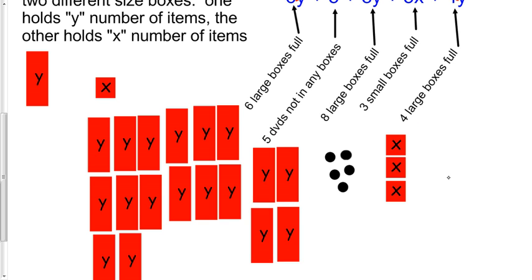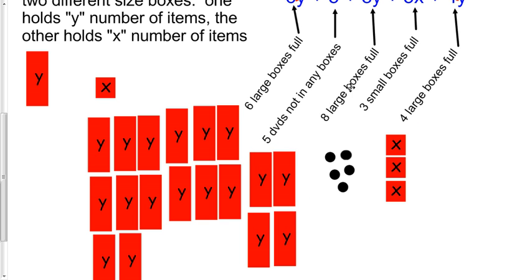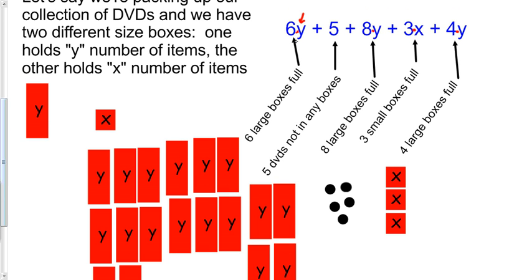And so rather than looking at all those Y terms separate from each other, we're going to look at them all together and say that we have a total of, if we come back up here, 6 plus 8 plus 4 Y's. And so when we add those all together, we end up with 6 plus 8 is 14, and 4 more is 18 times the number that can fit in one box.